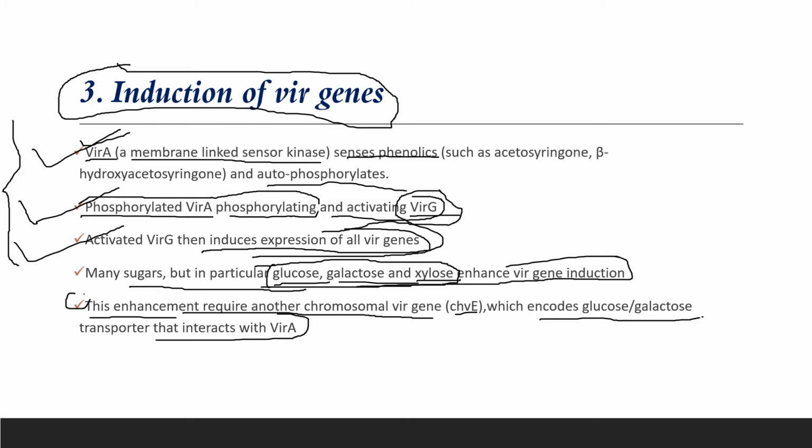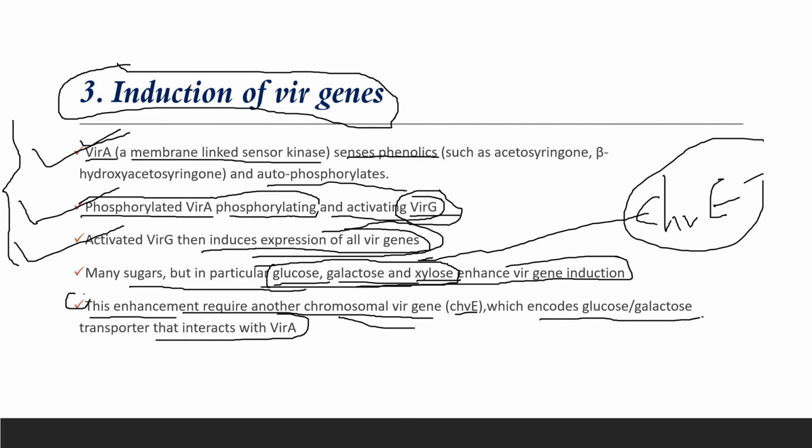These sugars require another chromosomal gene, which is the chvE gene, for the interaction of these sugars with vir genes, so that the induction of all of these vir genes can be done at once. Alright, so this was the point.